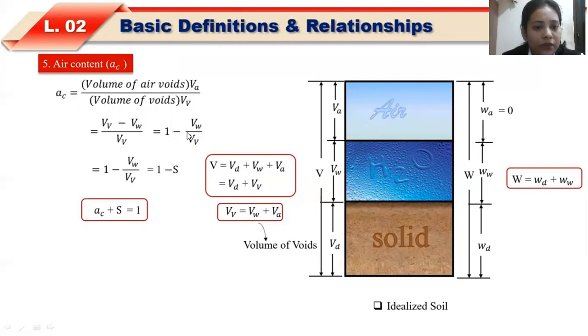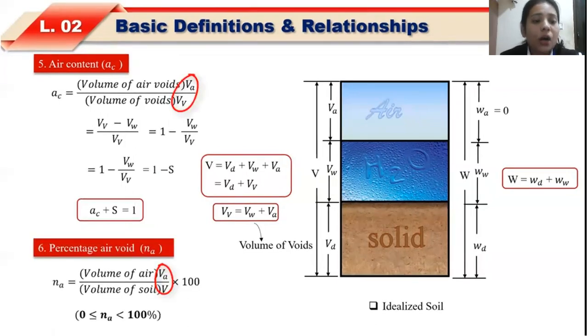Then, as we know, VW upon VV is degree of saturation. So, we can also find the relation between air content and degree of saturation. This is a mathematical calculation from where we find that air content and degree of saturation have a relation, that is AC plus S is equal to 1.